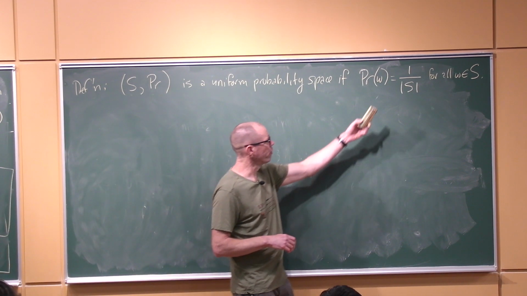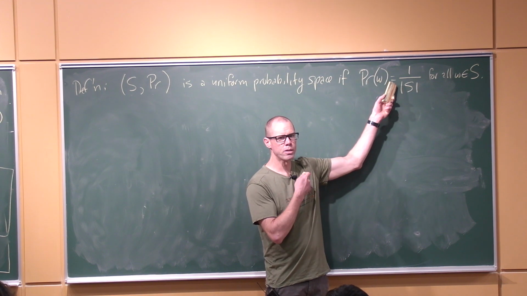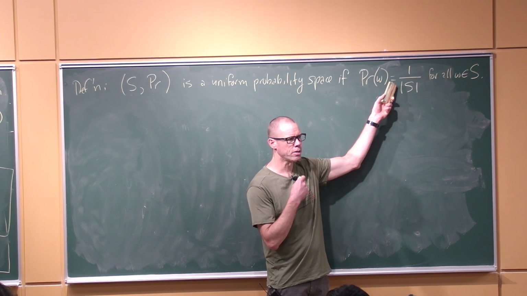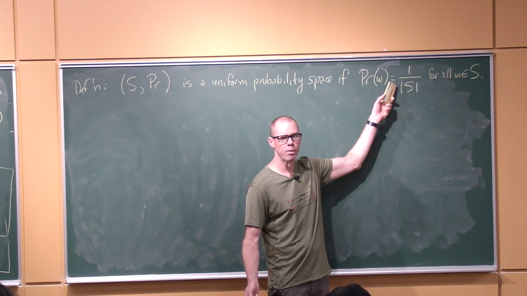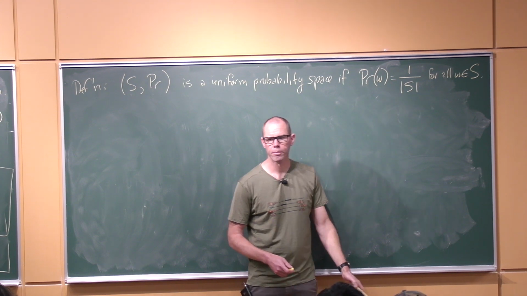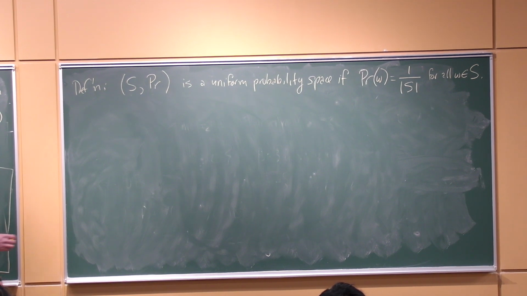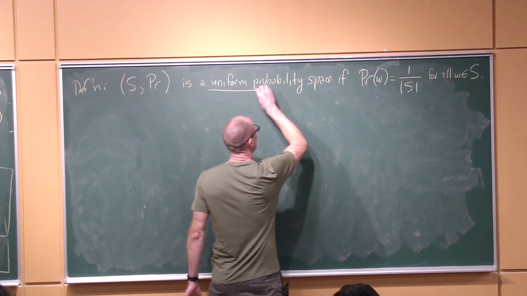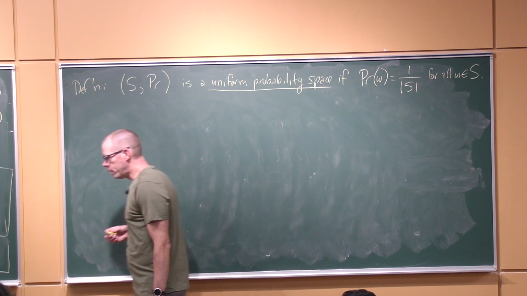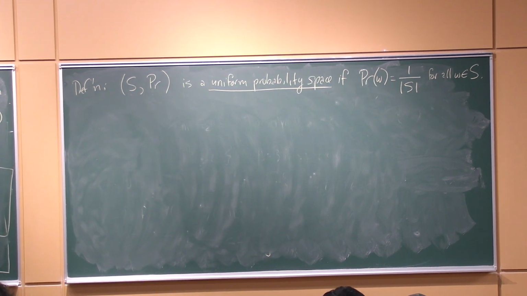It has to be 1 over the size of S, because one of the rules was that the sums of all these probabilities have to add up to 1. So that's called a uniform probability space. And almost everything that we've seen so far has been a uniform probability space.